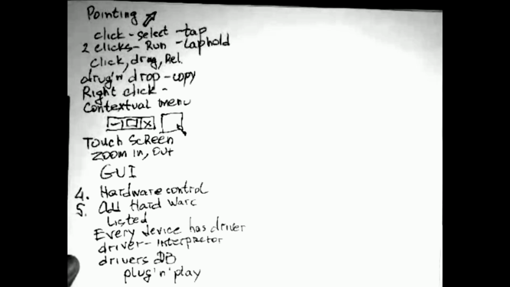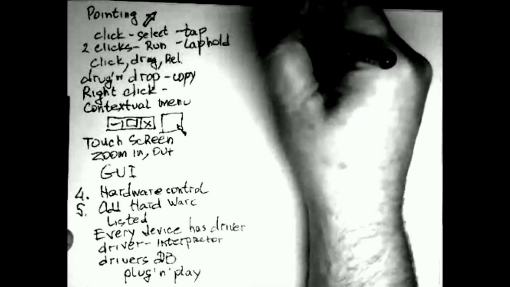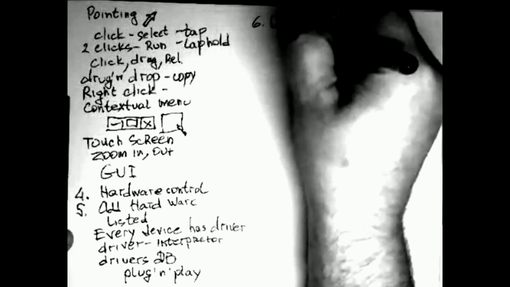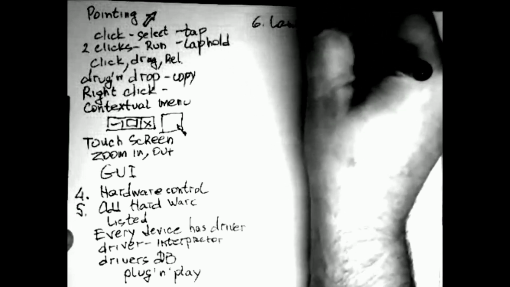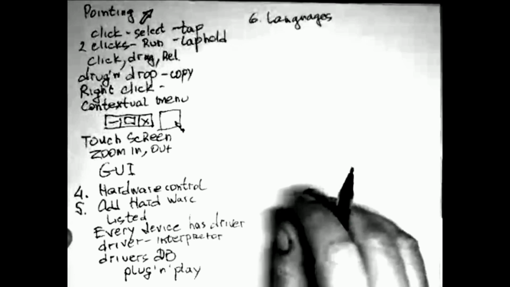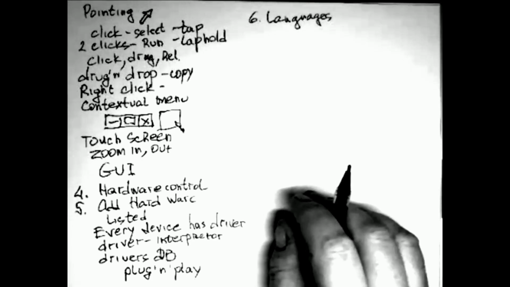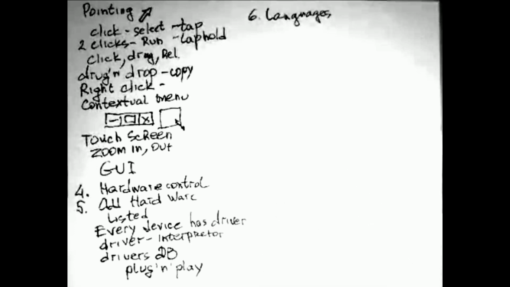Okay, speaking about more operating system functions, folks, number 6, languages support. Languages, international support. Definitely, Microsoft provides support for all languages on the planet, beginning from the North Pole, finishing with the South Pole.